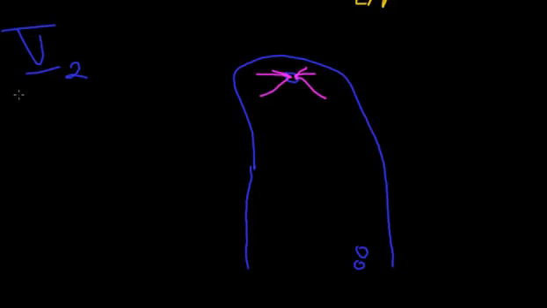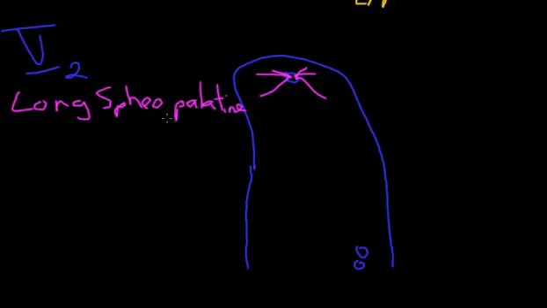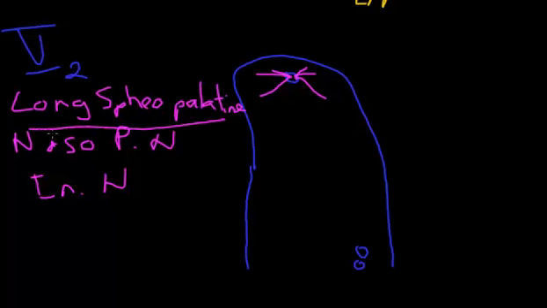My favourite is the long sphenopalatine nerve, but its other names are nasopalatine nerve or incisive nerve. Any of those three will suffice, but for me, my favourite is the long sphenopalatine nerve, because that tells you where this branch of the maxillary division of trigeminal comes from.